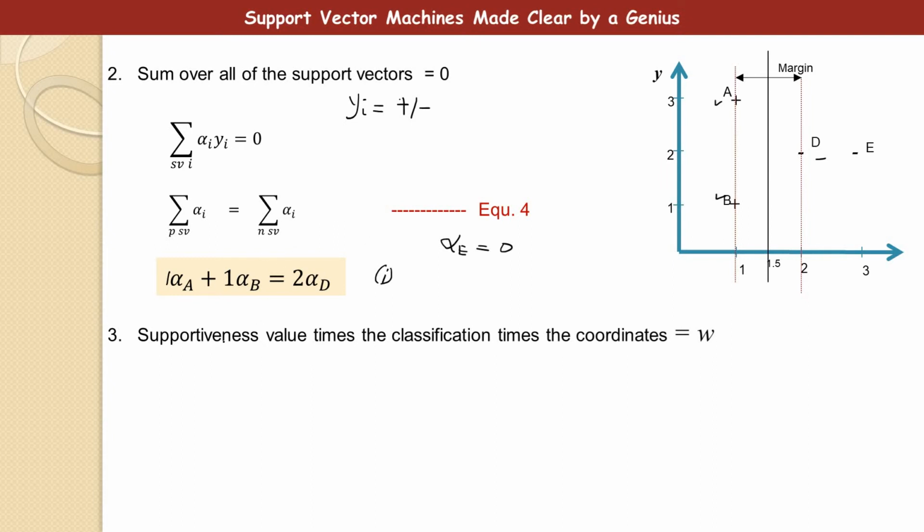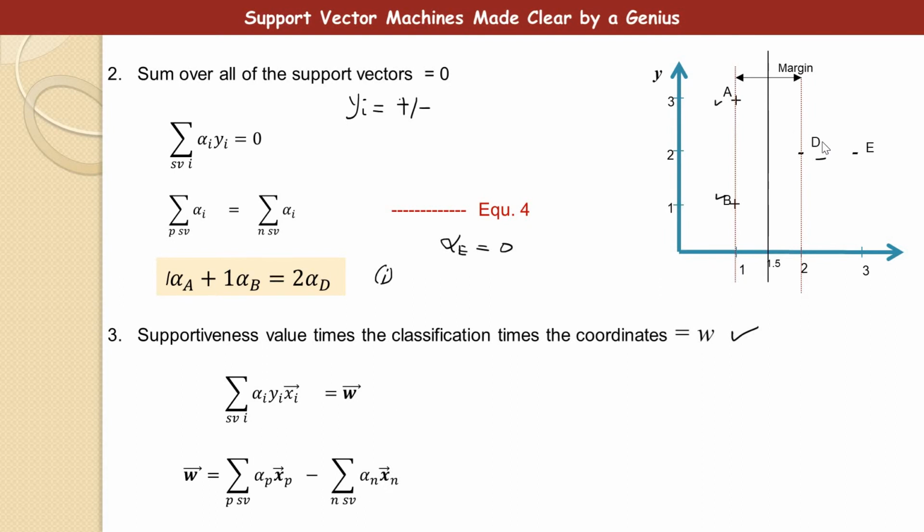Alright, so supportiveness value, this is given, times the classification times the coordinates equals W. So writing it using the formula, we have summation of alpha I times the class times the coordinate equals W. So meaning that W is equal to the summation of the positive alpha values times the coordinates of these values minus the negative ones times their coordinates.